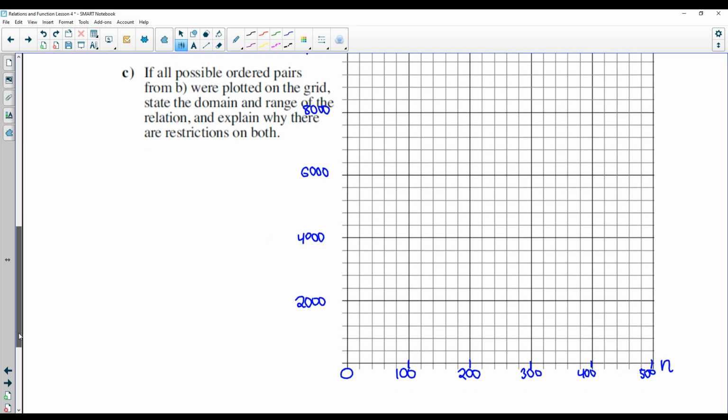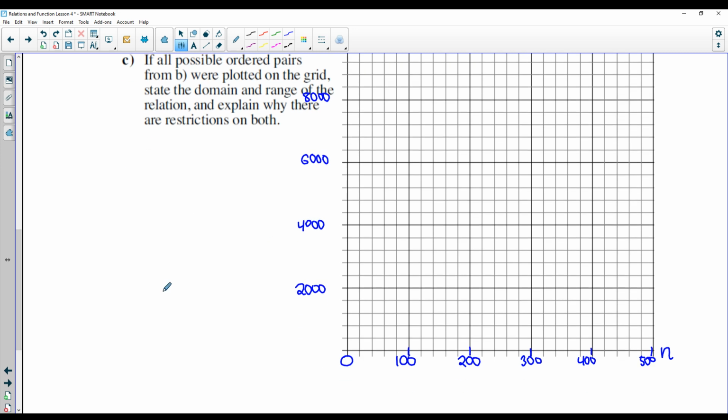Okay, let's plot these points now that we have a scale. The first point is, if there's 100 people at the banquet, the cost is 2,500. So at 100, 2,500 would be, okay, 3,000 would be halfway between 2,000 and 4,000. So 2,500 is probably somewhere about right here.